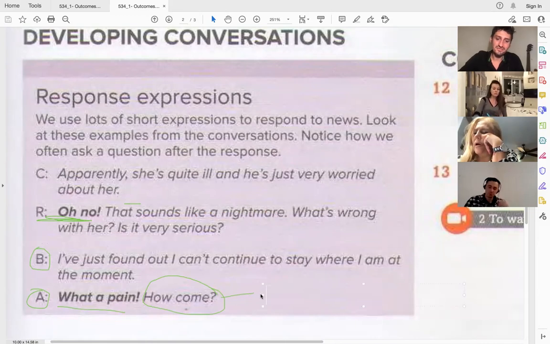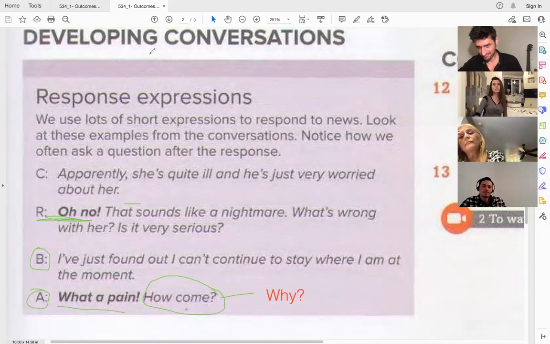But when you say why, it's a little bit too cold, too strict. For example, oh, I stayed at home today. Why? It's very strict, like a teacher says, why did you do that? But how come is more diplomatic. How come? It's the same as why.